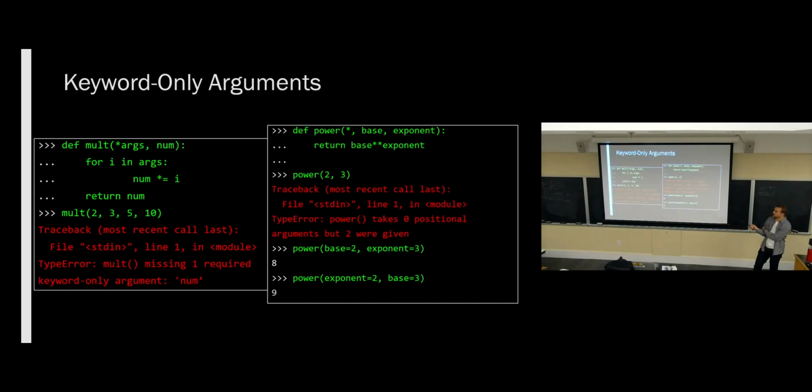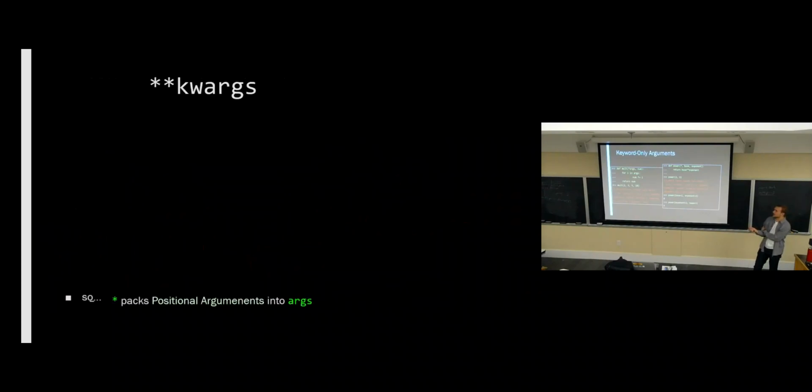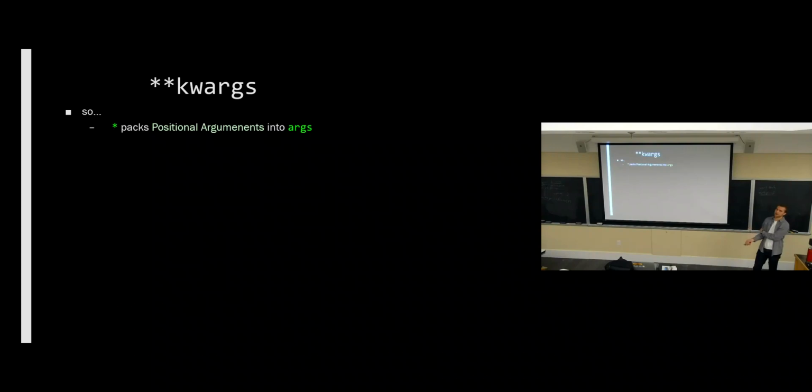Well, here we could accept any number of positional arguments by packing them into star args. To accept any number of keyword arguments, we pack them into star kwargs, which is just about the most fun thing to say ever. Star kwargs. And that is how you say it, star kwargs.